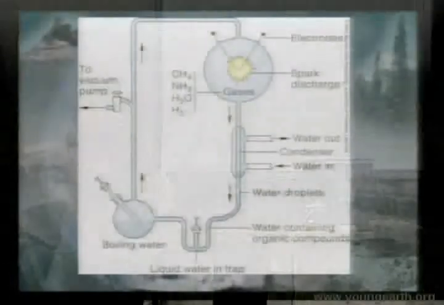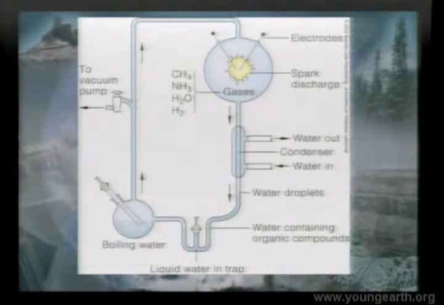Well, here's what they did. They took this apparatus, got some boiling water here. This is called a liquid trap, where they can trap some stuff that comes down. And over here you got a cooling condenser. Water circulates in it. Okay? Up here's your reaction vessel. You're going to pump in there methane, CH4, ammonia, NH3, water, and hydrogen gas.